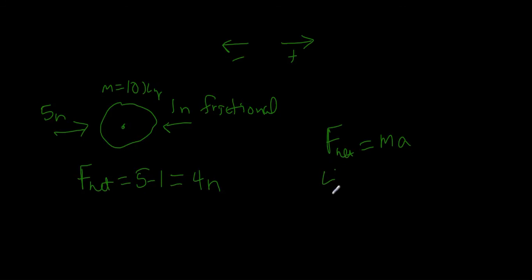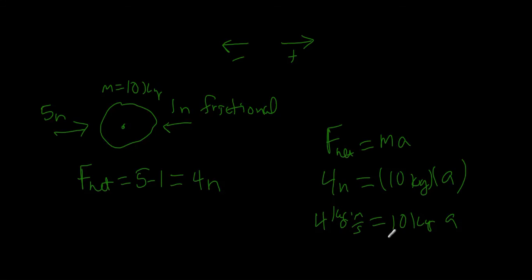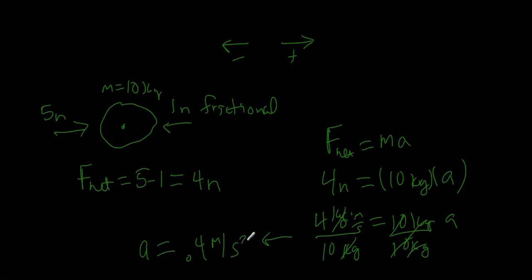So 4 newtons is equal to 10 kilograms times A, and again this is 4 kilograms times meters per second squared is equal to 10 kilograms times A. When you divide by 10 kilograms, that cancels the unit and the number out, and I end up with A equal to 0.4 meters per second squared.